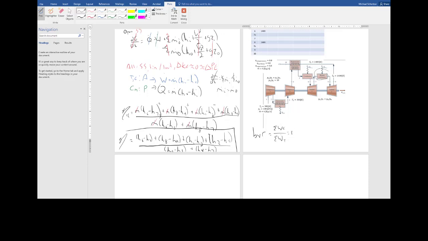So the compressor powers, this is m dot times H1 minus H2. And I guess we take the absolute value of this because otherwise it would be negative. Plus m dot H3 minus H4 divided by m dot H6 minus H7 plus m dot H8 minus H9. And again, the mass flow rates cancel.